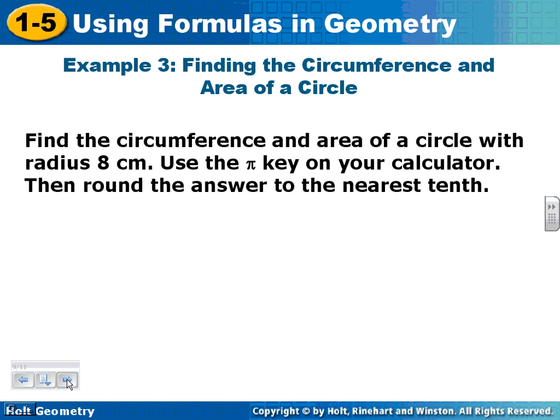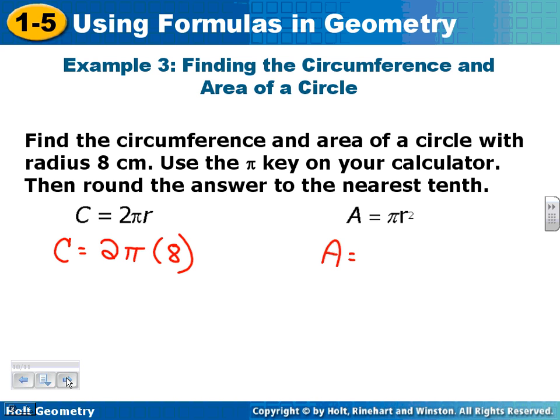Let's do some examples. Find the circumference and area of a circle with radius 8. There's my formulas. So circumference would be 2 times pi times 8. The area would be pi times 8 squared.